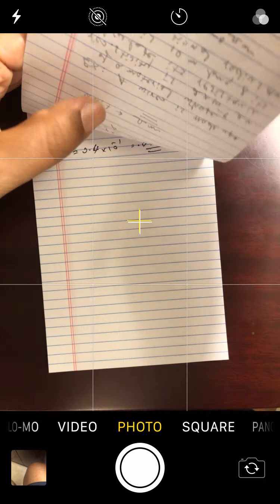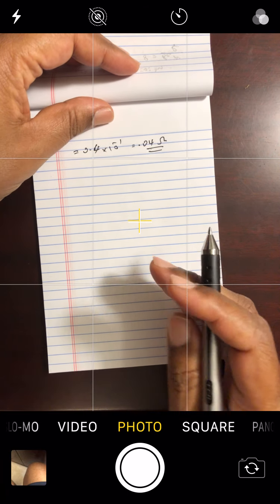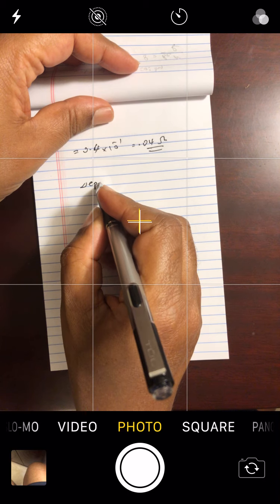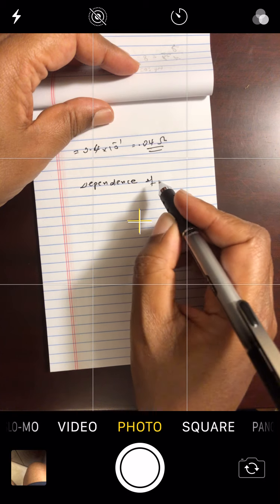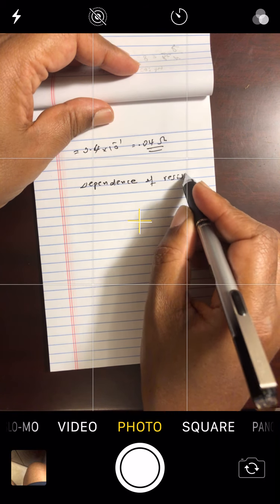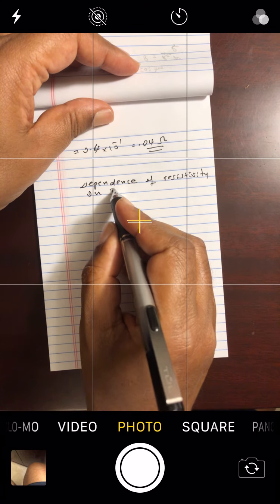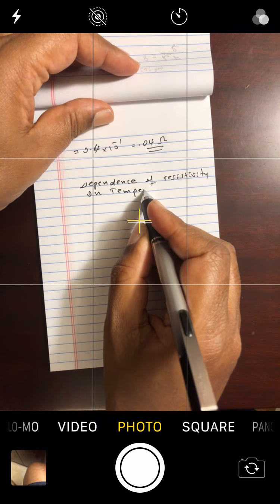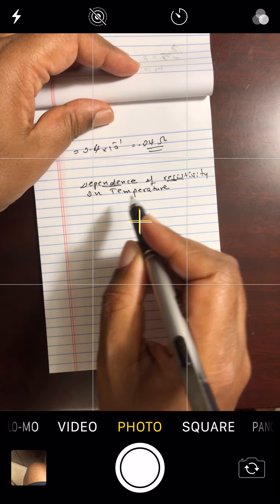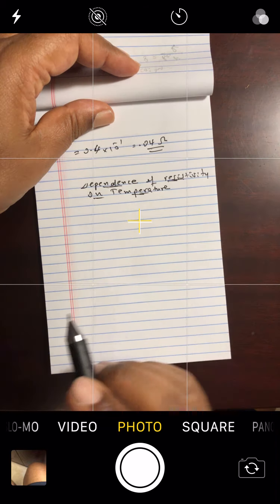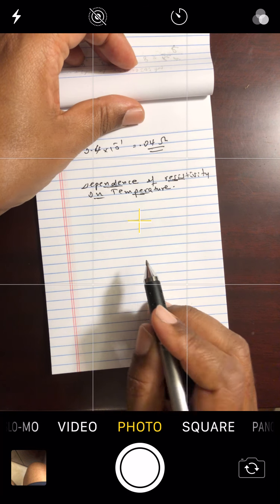Now we're going to look at how resistivity depends on temperature. So what do we expect to happen when temperature increases?